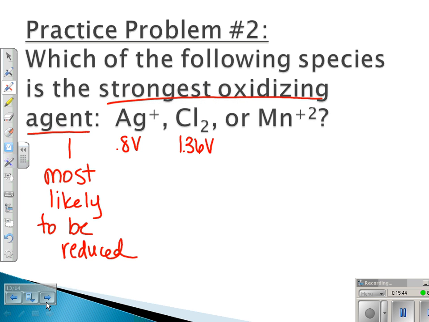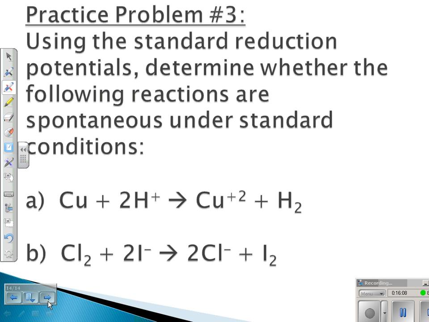You look up chlorine, it has a voltage of 1.36. You look up Mn plus 2, it has a voltage of negative 1.18. So the one with the most positive would be the most likely to be reduced, and therefore would be the strongest oxidizing agent. Plus on our list, halogens were listed as good oxidizing agents. So you also could have gone that direction, but this way is very straightforward if you have the numbers to look at. And that's that type.